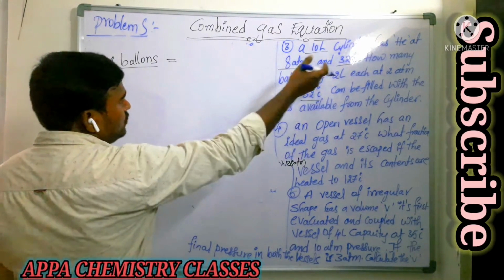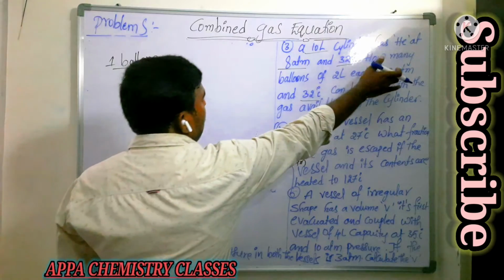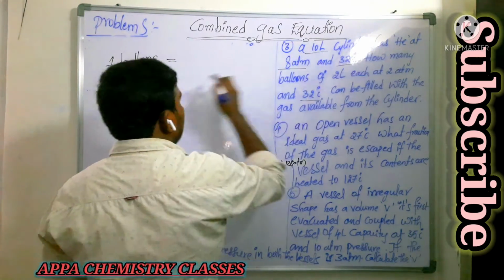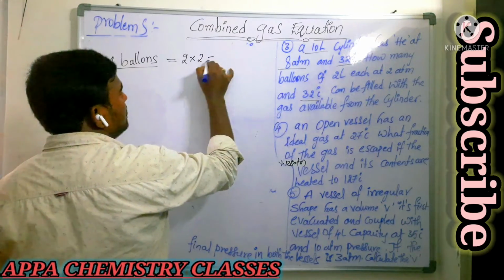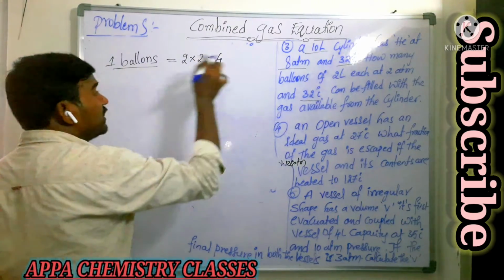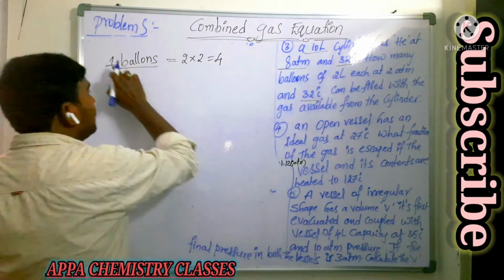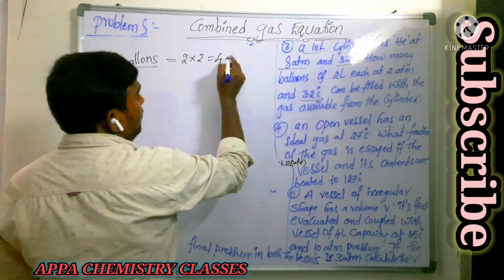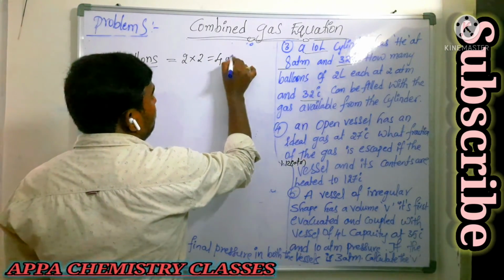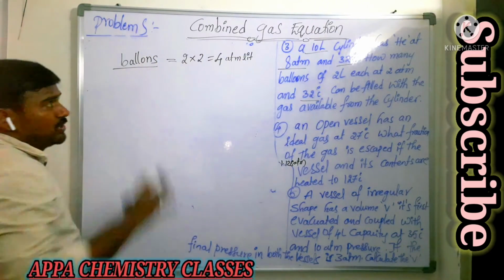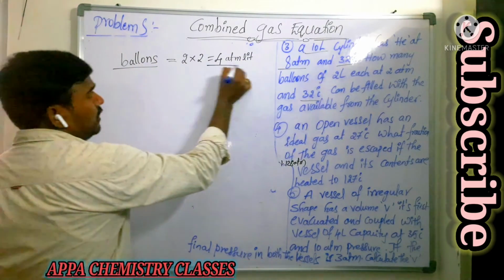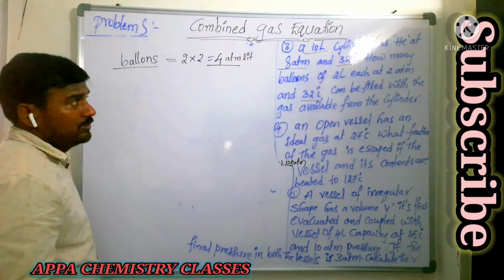The pressure of the balloon is 2 atmosphere and the volume is 2 liter, that is 4. So in that balloon the pressure times volume should be 4 atmosphere liter. It should be that much quantity, 4 atmosphere liter.